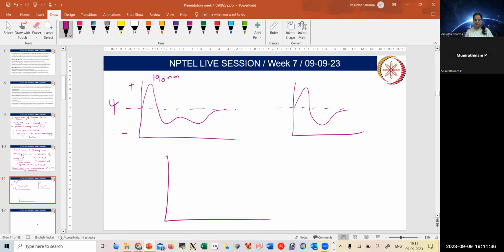And random coil has a signature starting from 195 but in the negative region, going to this side where positive is. So this is alpha, this is beta, and this one is random coil. Your x-axis is lambda in nanometer.